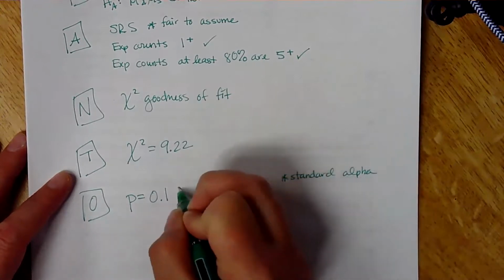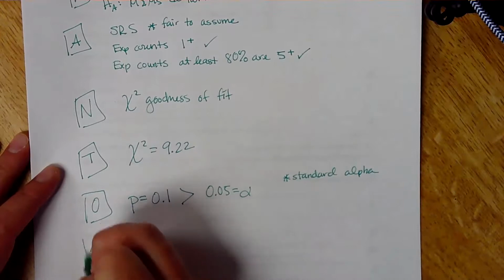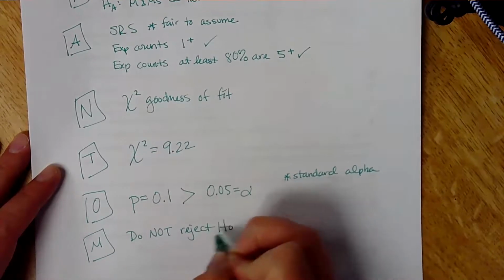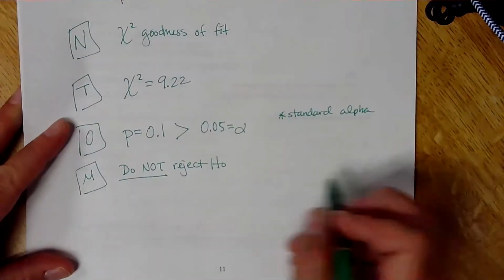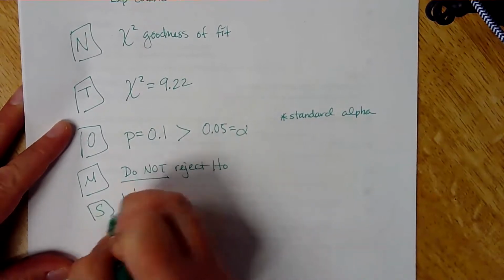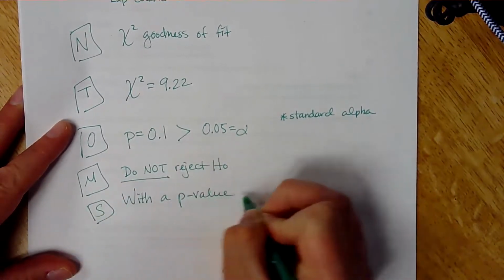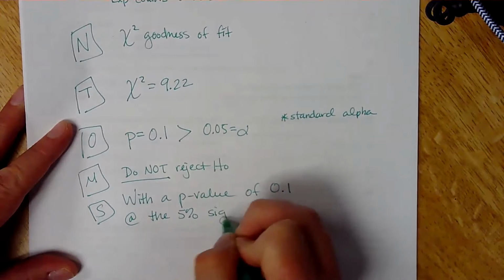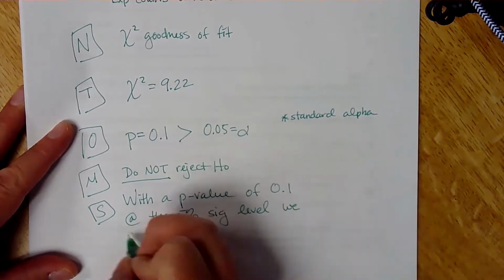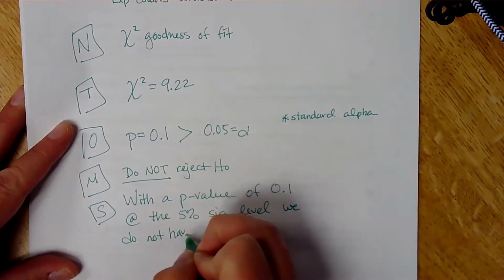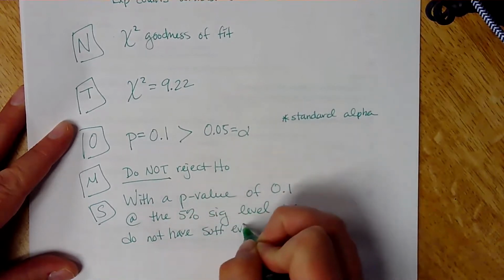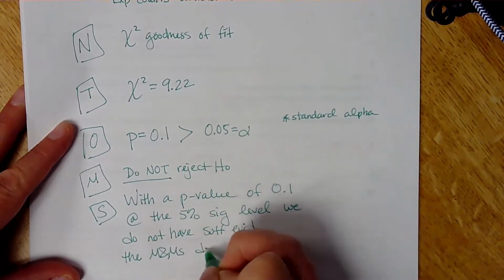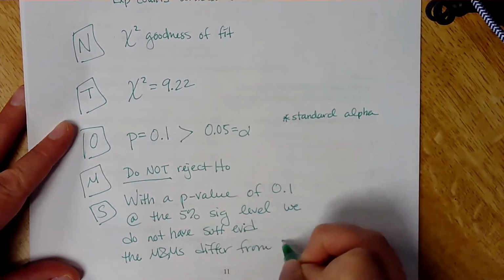In this case, my p-value is bigger than my alpha, so I do not reject the null hypothesis, which means that with a p-value of 0.1 at the 5% significance level, we do not have sufficient evidence that the M&Ms differ from the stated color distribution.